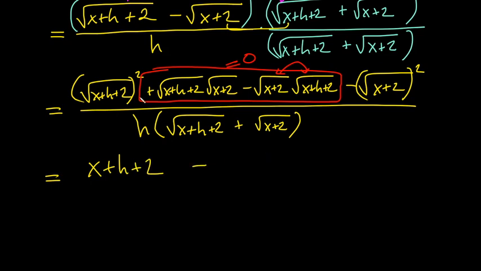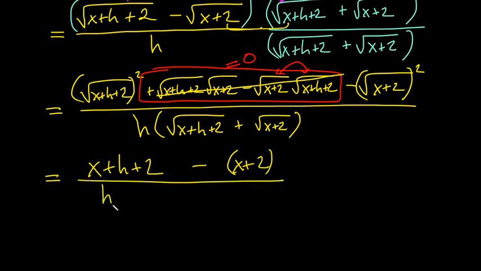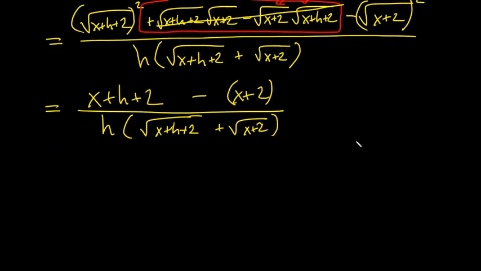And then the last term, because all this is 0, is just x plus 2. And I'm just copying down the denominator, h times the square root of x plus h plus 2 plus the square root of x plus 2. Okay, and now we're almost done.